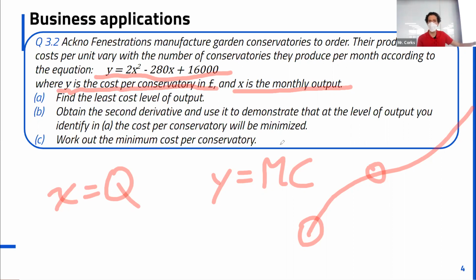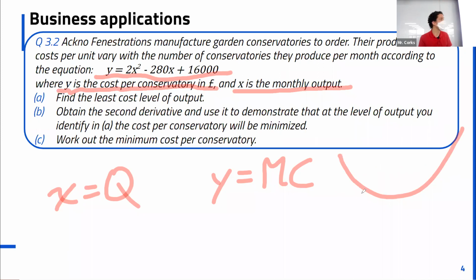So we're getting more efficient as we go, and this is representing our per unit cost, so marginal cost. We can see this is a positive quadratic, so it would look like this. This is the basic shape. We have this low point here, and then it starts getting inefficient and it starts going up.